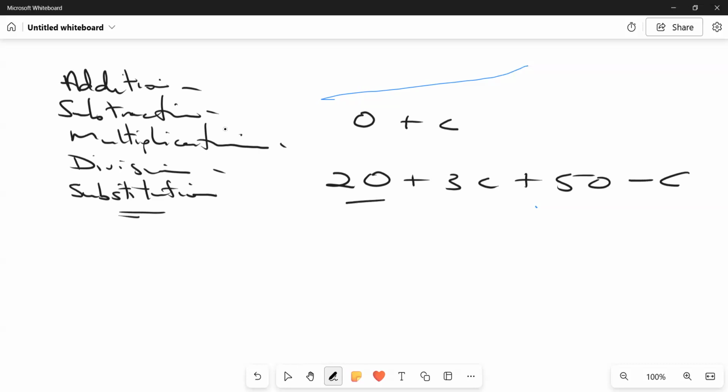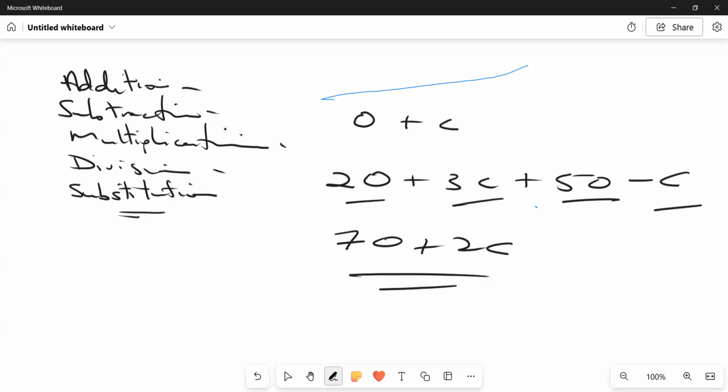We can add the O's together and you get 7O, right? And the 3C minus the C becomes 2C, right? So the similar ones we can add and subtract, but the dissimilar ones we cannot simplify further. We can't say, oh, this is 9OC. No, we just can't add two different variables, right? We just can't.